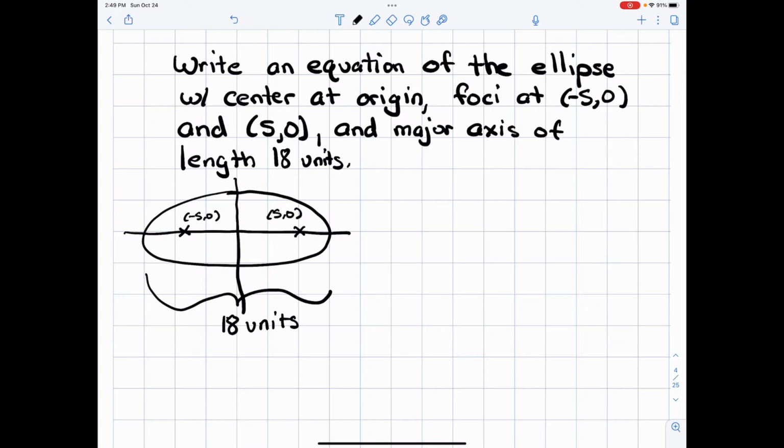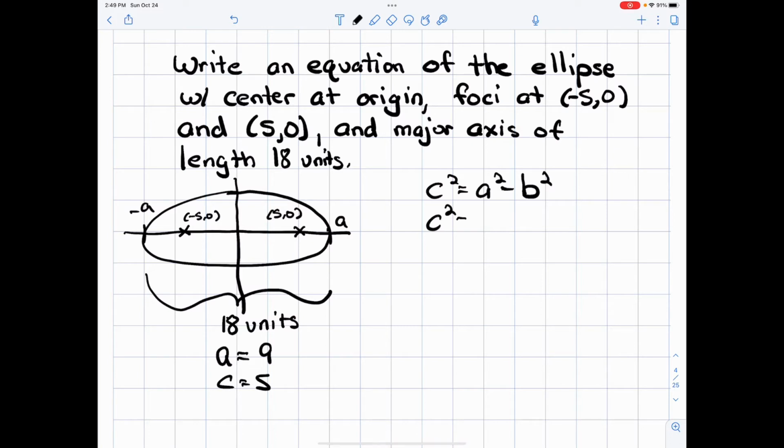Actually, that tells me a lot. If the major axis length is 18 units, then A has to be 9. It has to be half of that, because remember, you've got A over here and negative A over here. So A is 9. C is 5, based on that. And we know C squared equals A squared minus B squared.